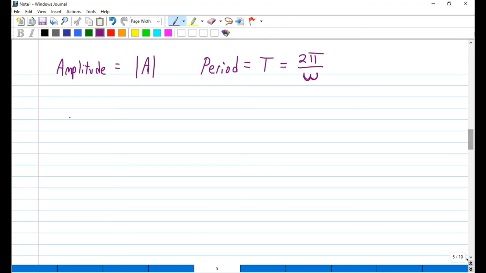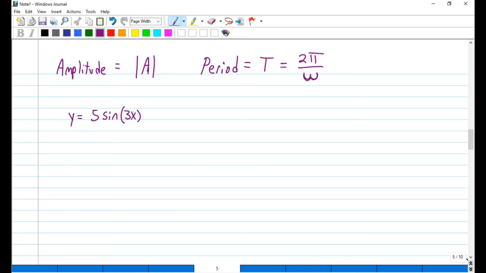All right, so that's for sine or for cosine. So let's say that I had y equals 5 sine of 3x. I'm not going to graph this yet. Let's work on identifying the amplitude and the period.